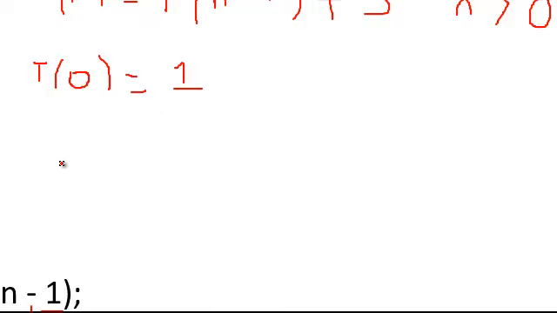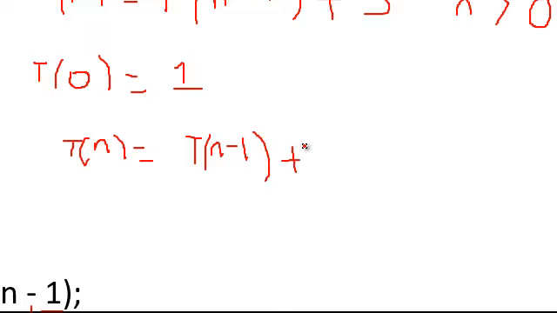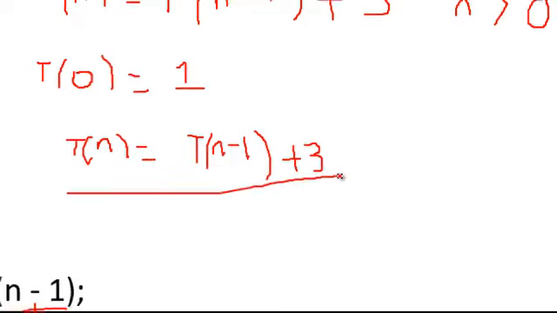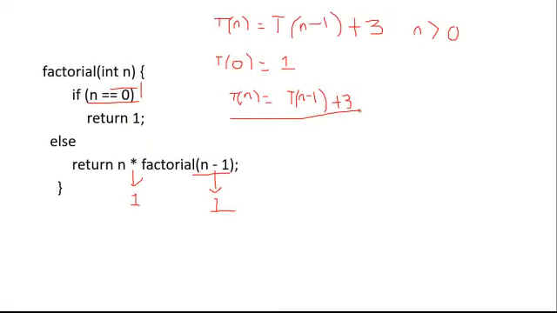Now we have t of n equal to t of n minus 1 plus 3. Let's try to reduce this expression t of n in terms of our known value t of 0.